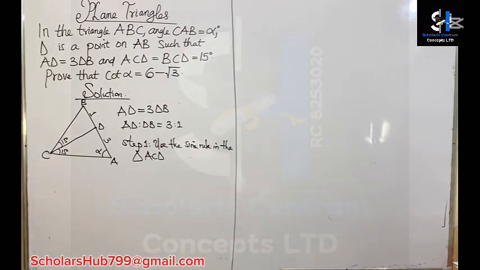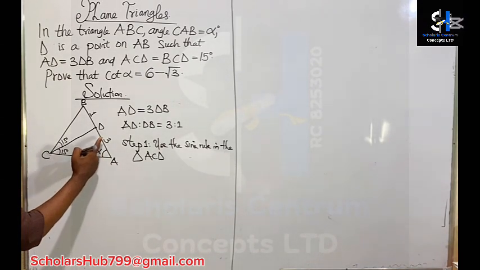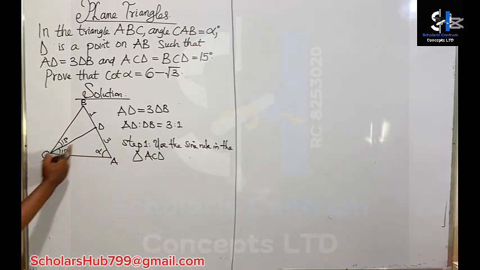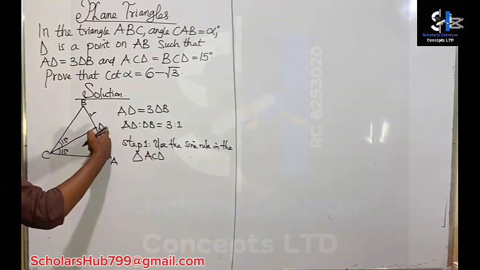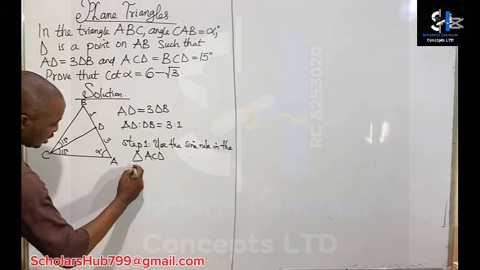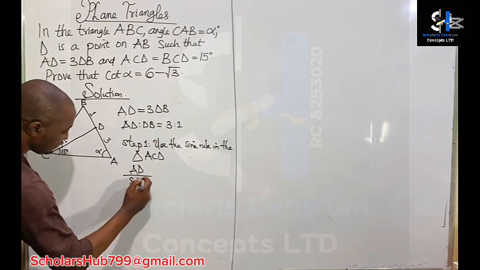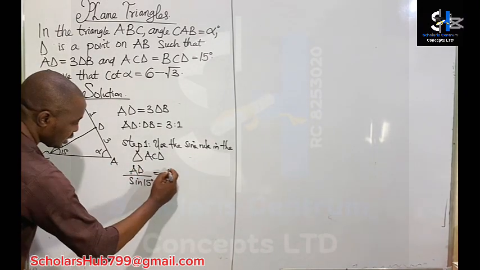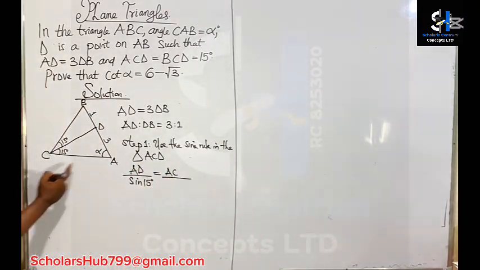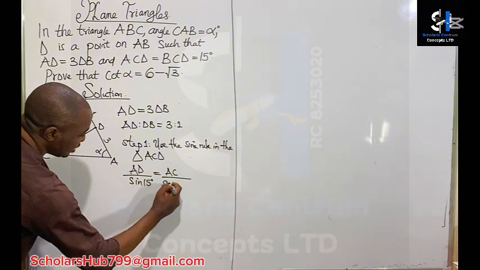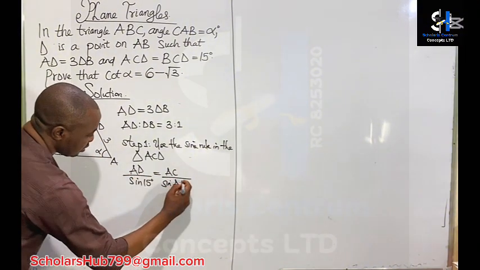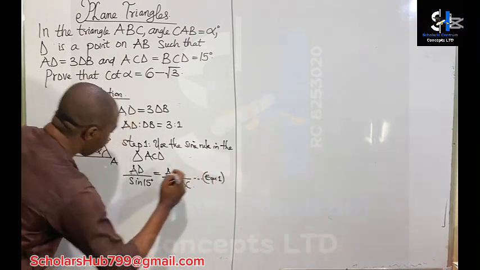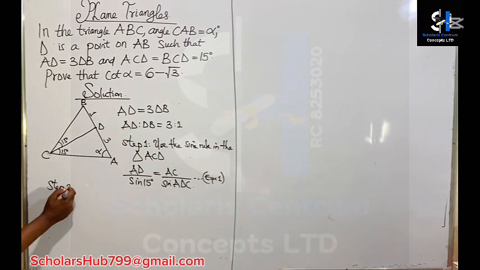So we have AD over sine 15 degrees equals AC over sine ADC. Let's call this equation 1.